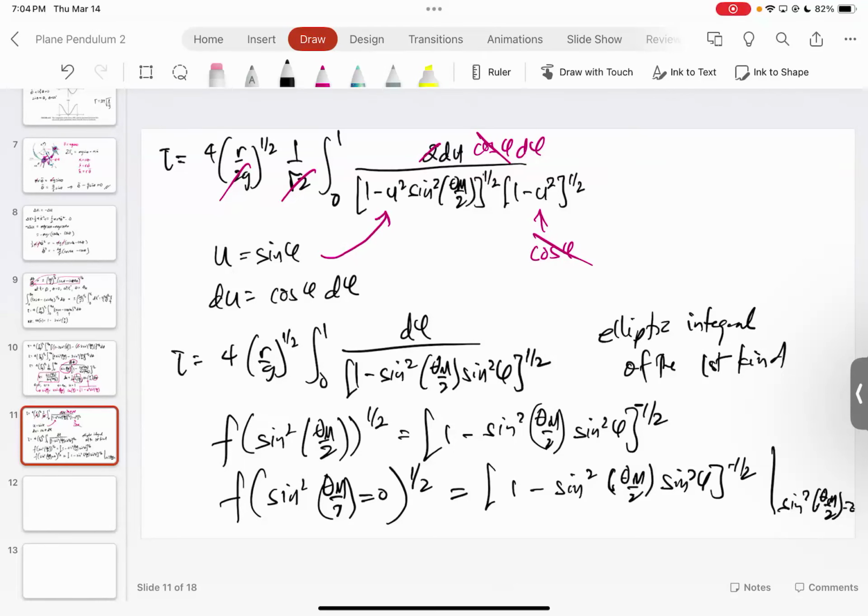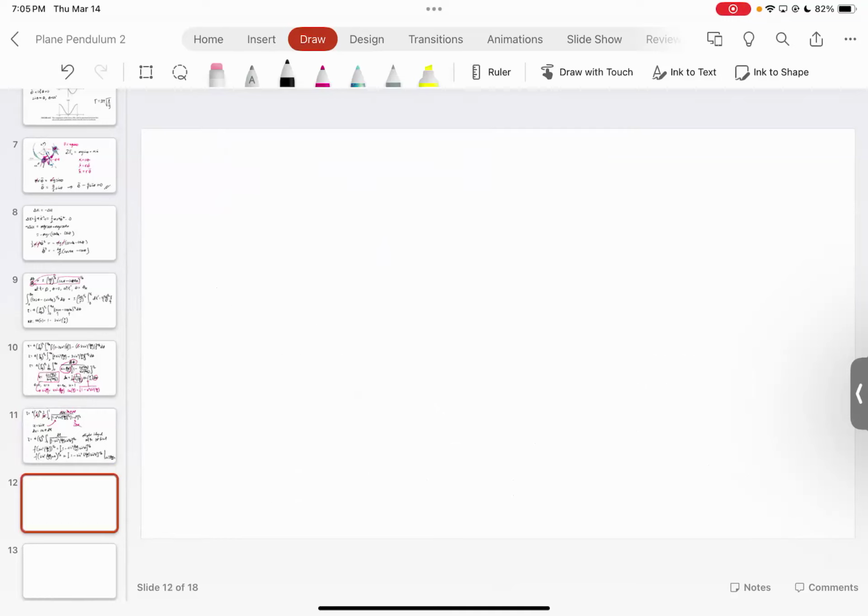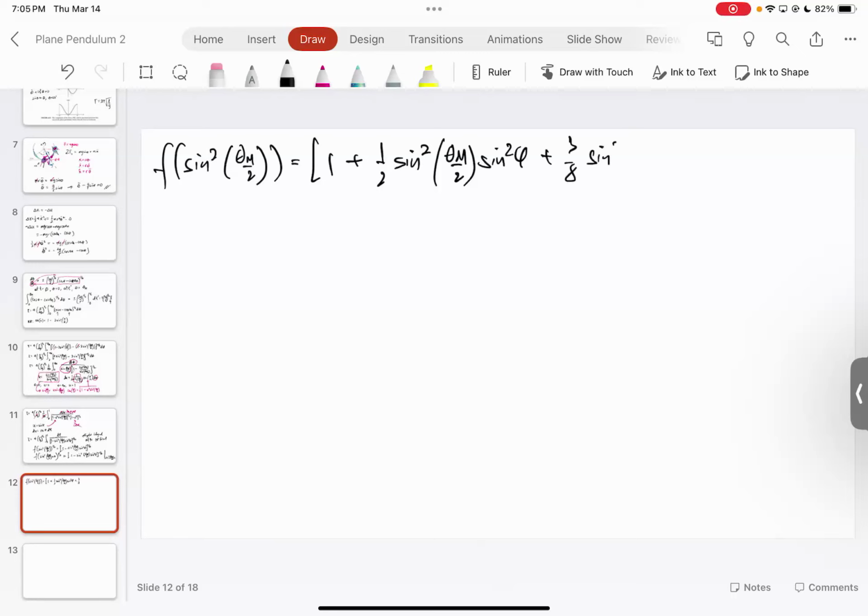Okay, now in the interest of time, and siguro para ma-practice na rin kayo, sulat ko na yung expansion. So, f at sine squared theta sub m over 2, 1 plus 1/2 sine squared theta sub m over 2 sine squared phi plus 3/8 sine to the 4th theta sub m over 2 sine to the 4th phi, and so on and so forth.